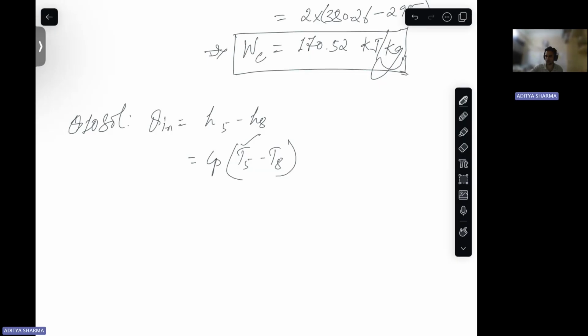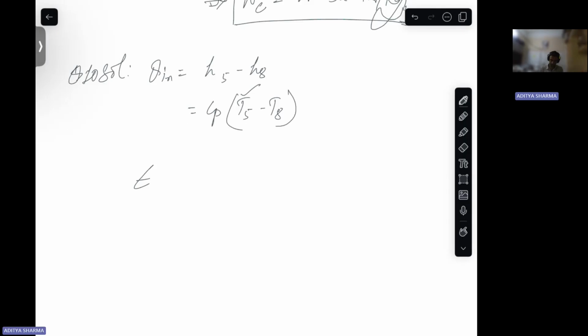So how we can do that? If you see the effectiveness of heat exchanger, that can be calculated this way: T8 minus T4 divided by T6 minus T4.